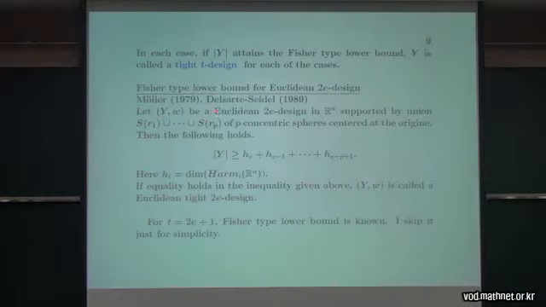If (Y,w) is a Euclidean 2e-design in R^n supported by p concentric spheres centered at the origin, then the lower bound is given by such a sum. Here H_i is the dimension of the harmonic polynomials of degree i in n variables. If equality holds, then we call it a tight Euclidean 2e-design.